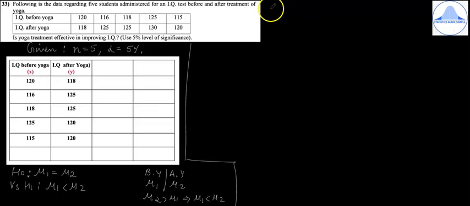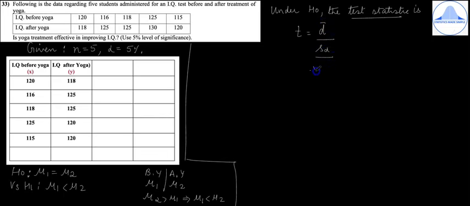So let us write the test statistic for a paired t-test. So we write under H naught the test statistic is t equal to d bar divided by sd by root n minus 1, which follows t with n minus 1 degrees of freedom.